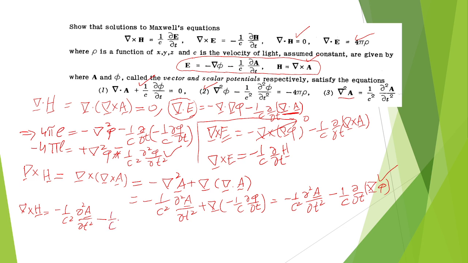So 1 over c partial by partial t and gradient of phi from here, so that is minus E minus 1 over c partial A partial t.